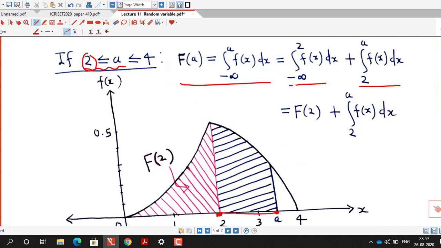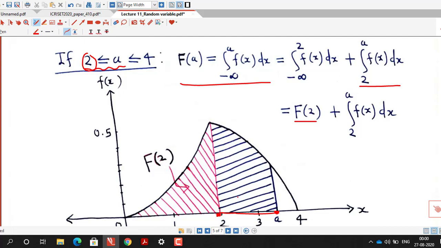Now this is nothing but the value of the CDF at x equal to 2. This area shaded by red lines is nothing but the value of the CDF at x equal to 2.